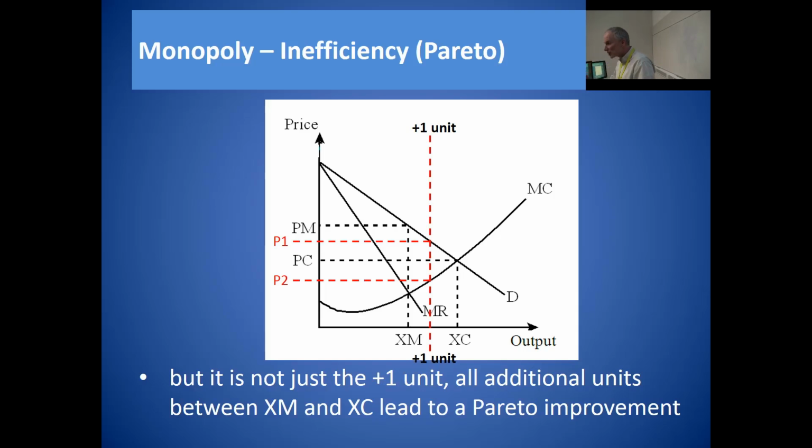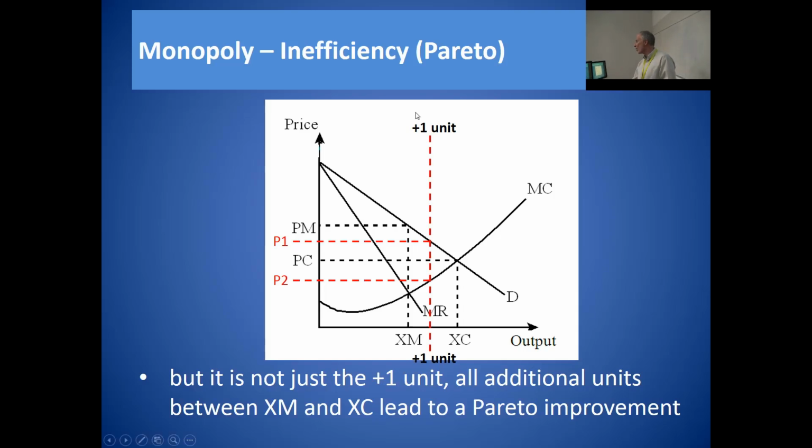That's the price that they're prepared to pay. And for all of these units between XM and XC, the price that consumers are willing to pay, their marginal valuation, as I'm tracing out on the demand curve, is greater than the marginal cost. So consumers are willing to pay more than it actually costs to produce. And whenever that's the case, there is scope to make a Pareto improvement. We can make both parties better off.